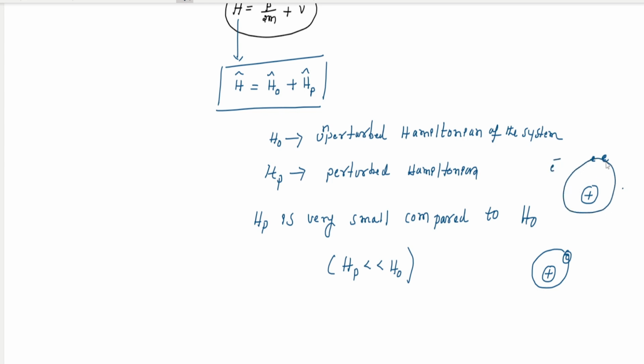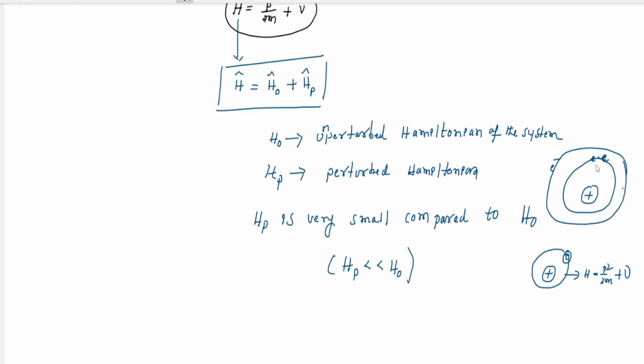This is the first orbit, and in case you consider the second orbit. Normally, if you try to solve this problem, we write the Hamiltonian energy H equal to the kinetic energy of the system, P squared divided by 2m, plus potential energy. The force existing between the positive and negative charges, the potential energy term will come here, right?